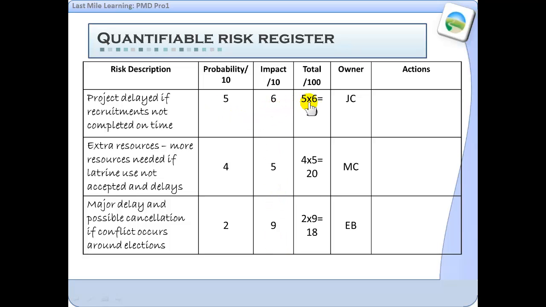And then you can multiply those two numbers together to get a composite score. And if you do that for each of the risks in your register, it will help you to determine the priority and which ones you want to give the most time toward in terms of management. And then, of course, providing an owner who will manage the strategies and actions that are listed here. You could actually have another column that could be what actually happened, because these are probably looking toward the future. So that's the risk register.